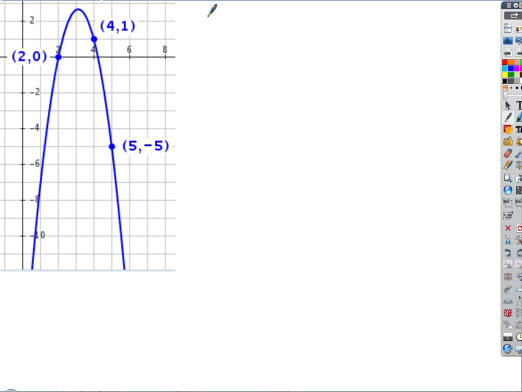to the general form y equals ax squared plus bx plus c. So let's just take each of those solutions, values of x and y, they're going to work in this equation. So first point is going to give us ax squared plus bx plus c. What's that going to give us?